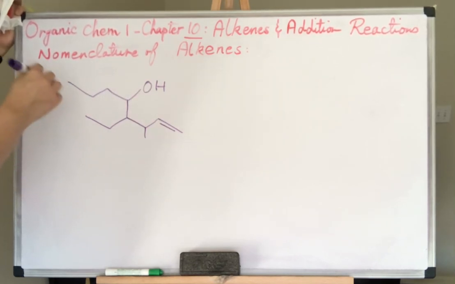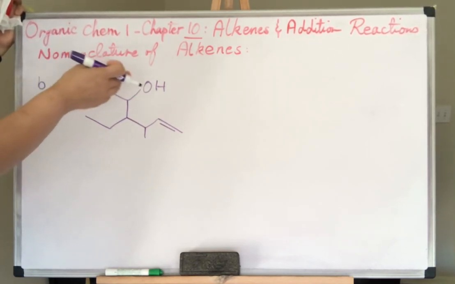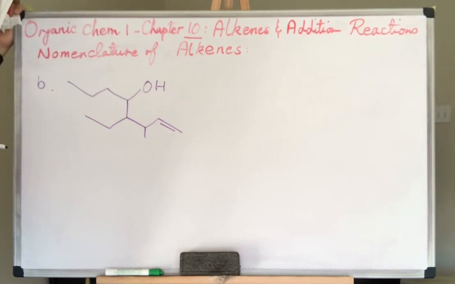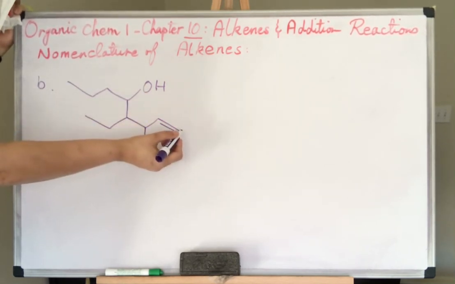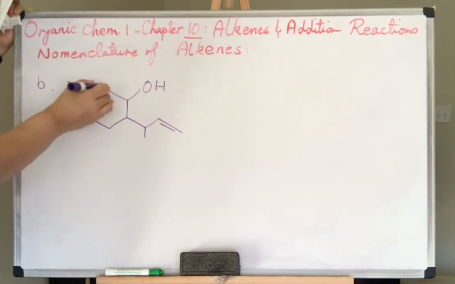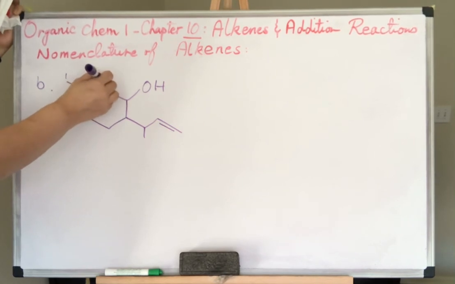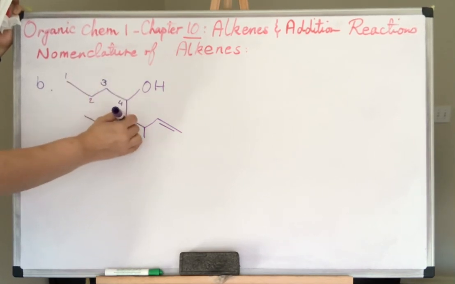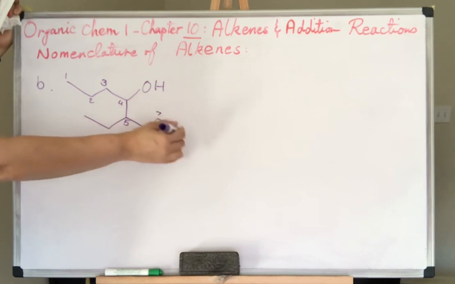So you will need to start from the end that gives OH the smallest number. If you start from here, 1, 2, 3, 4, and 5 is OH. Here, 1, 2, 3, and 4. So you need to start from this side. 1, 2, 3, 4, 5, 6, 7, and 8.